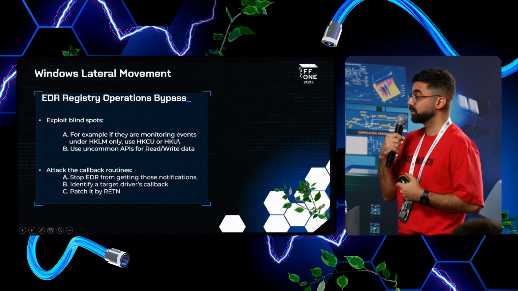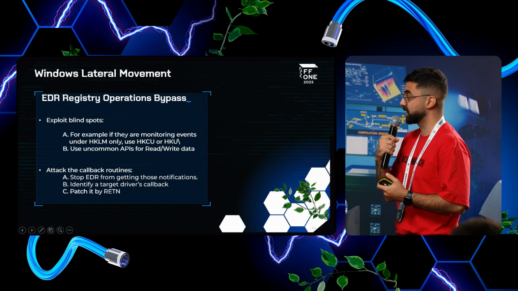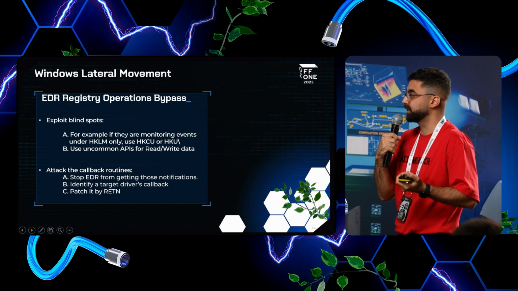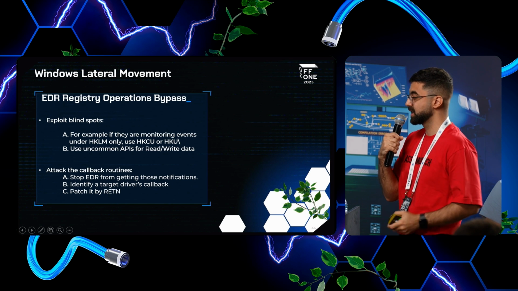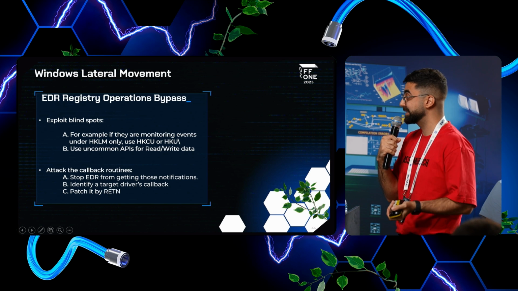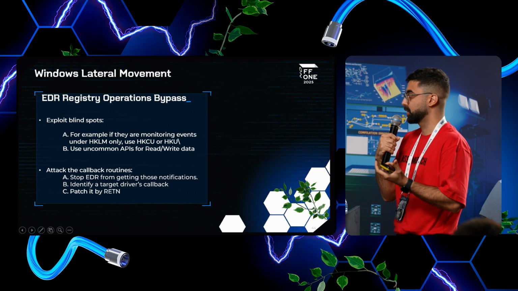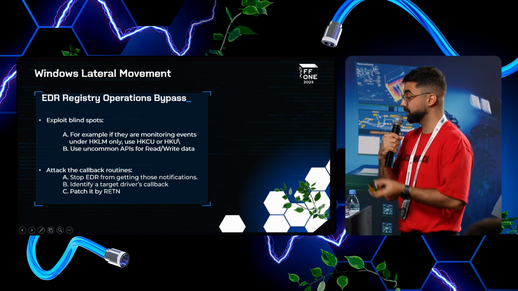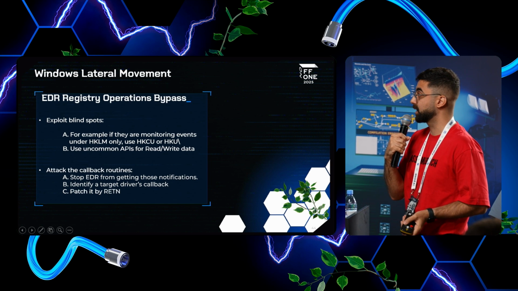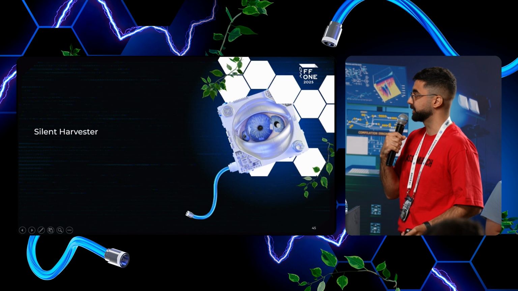Or maybe you can find some uncommon API that's not registered inside the driver, for reading or writing data. Another way I found is attacking the callback routines themselves. Inside memory, they find the offset of this callback and patch it so the callback will never be called by the kernel, or the driver will not receive it.